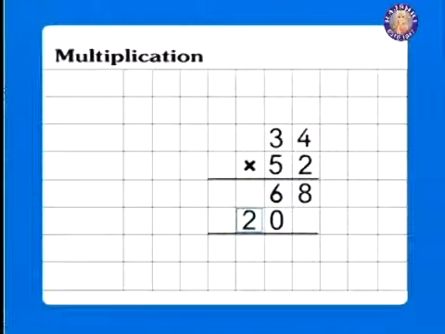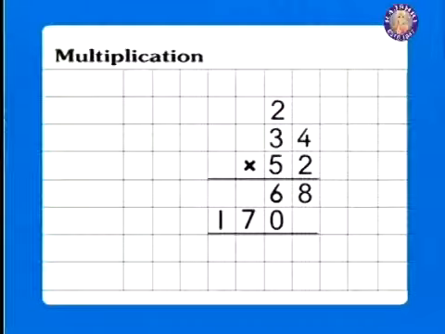And the carryover number 2 is written above 3. Next, 5 3s are 15. Add the carryover 2, which gives 17. This is again written below the first answer.